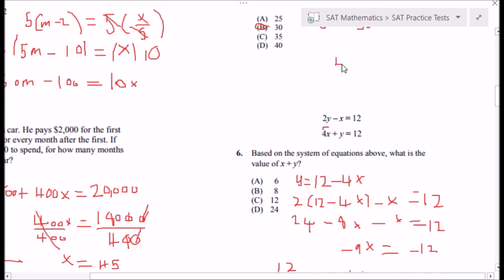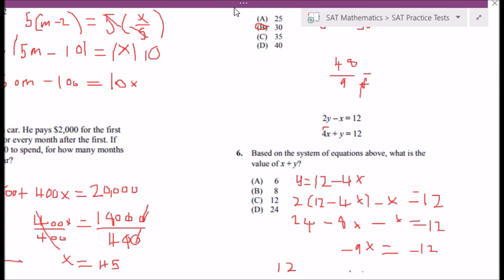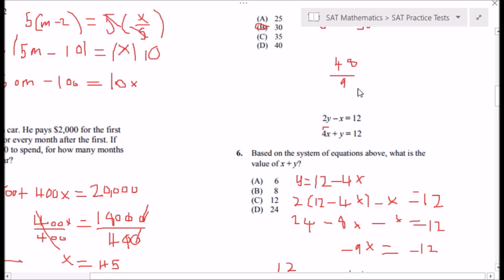You'll get 48 over 9 plus y is equal to 12. So you subtract this from both sides, and that will give us y.